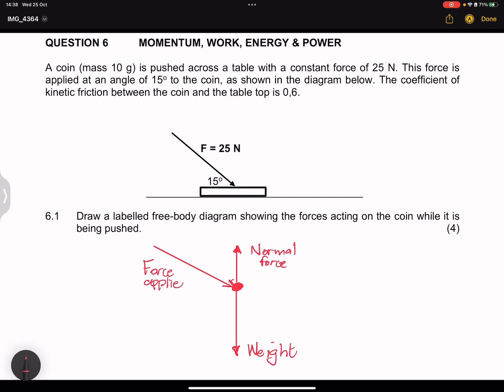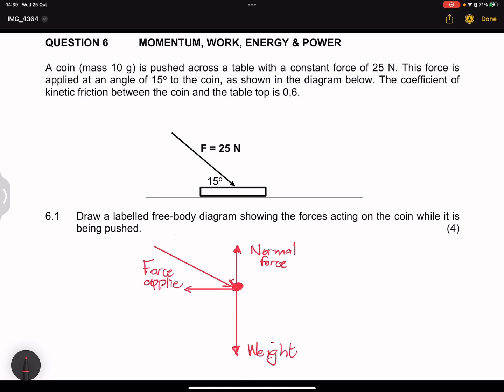So they told us also about friction. Please note that because we've got frictional force, as we try to push the coin, think about it, the horizontal equivalent of the applied force would be in that direction. So as a result, friction will be in the opposite direction.